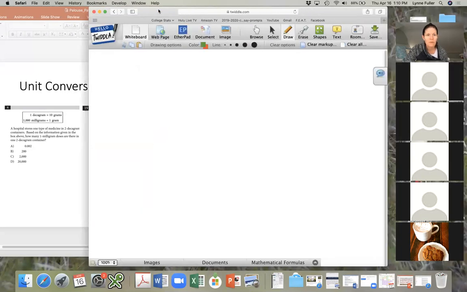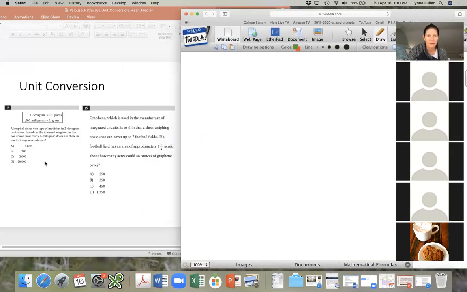Okay, so what I'd like to do is talk a little bit about unit conversion and how they can present these problems to you. Looking at number 6, they're talking about the metric system. They may also do unit conversion using our standard system, so inches, feet, yards.